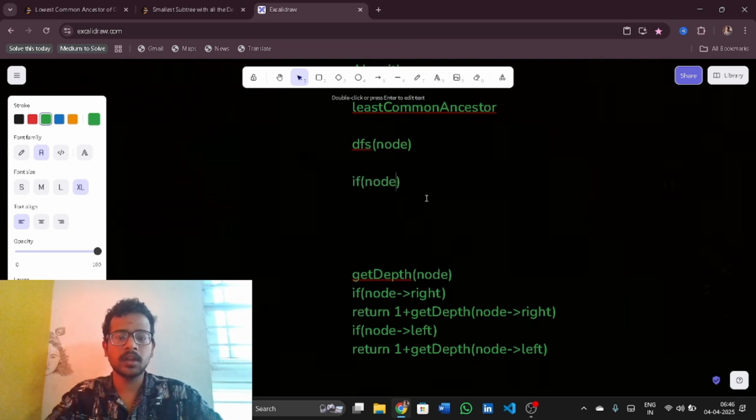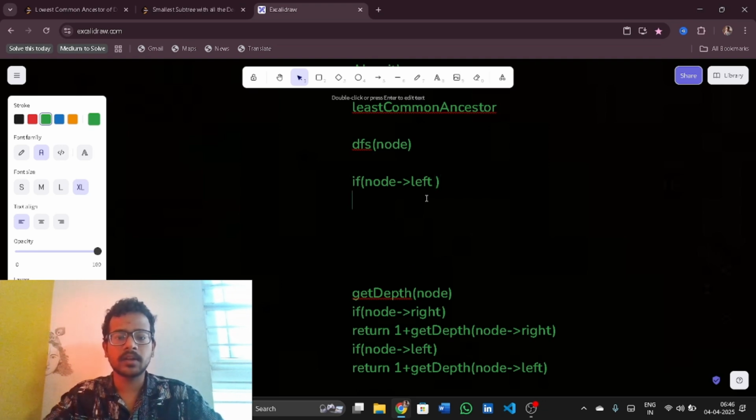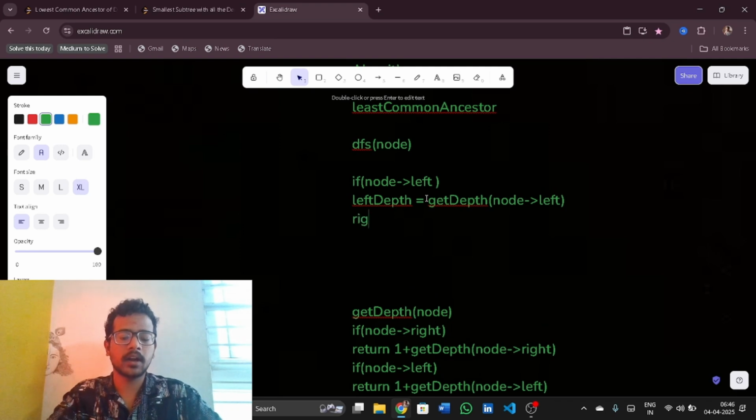If node left, then I will be doing something like left subtree and right subtree, the left depth and right depth. Left depth is equal to get depth of node left and the right depth is equal to get depth of node right.